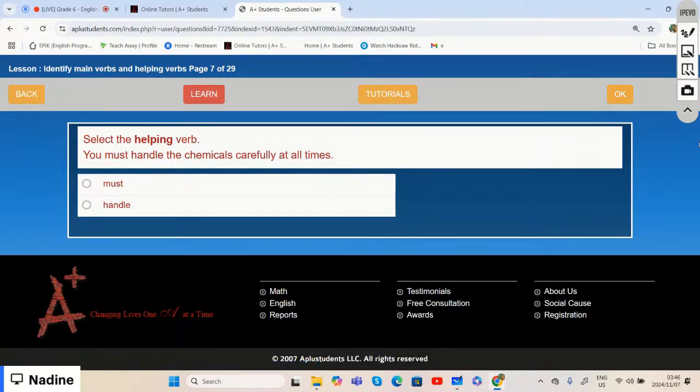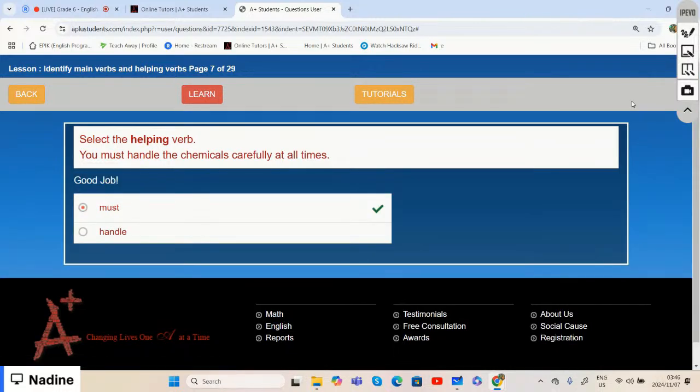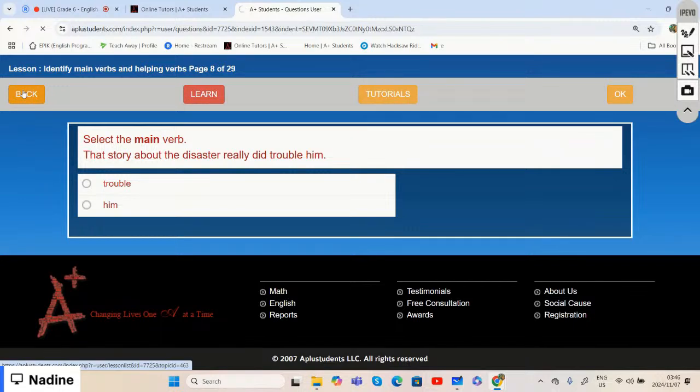And if we were to select our helping verb, then must is our helping verb, handle is our main verb. Well done, everybody.